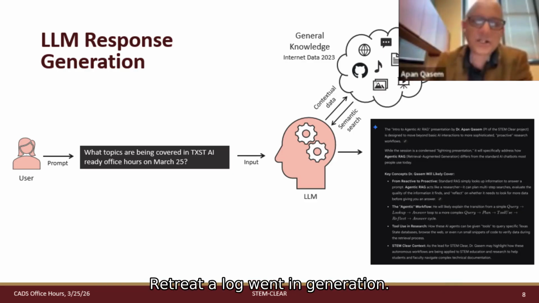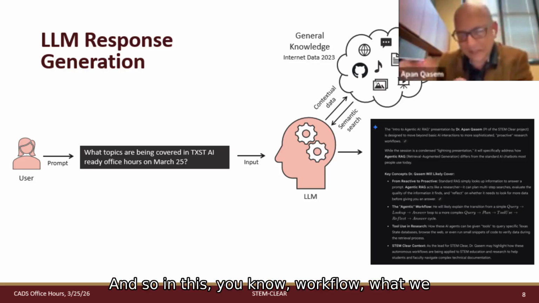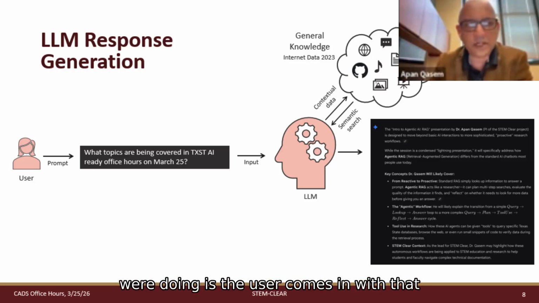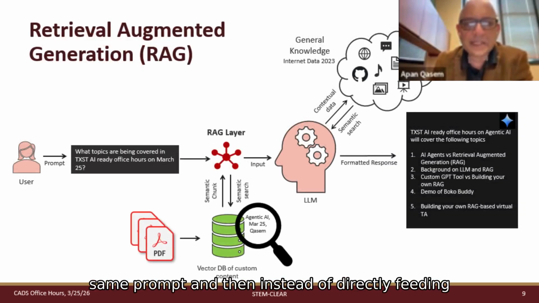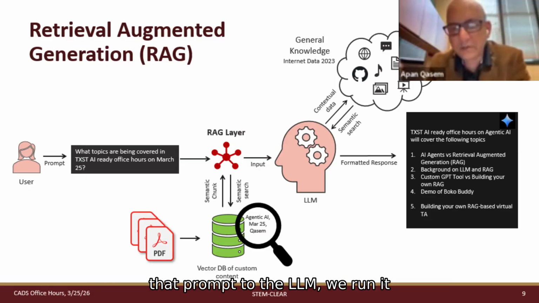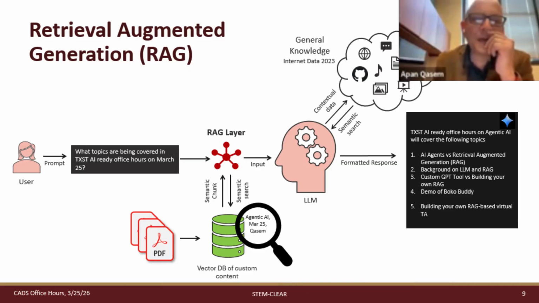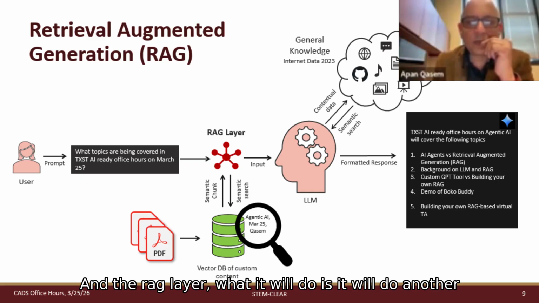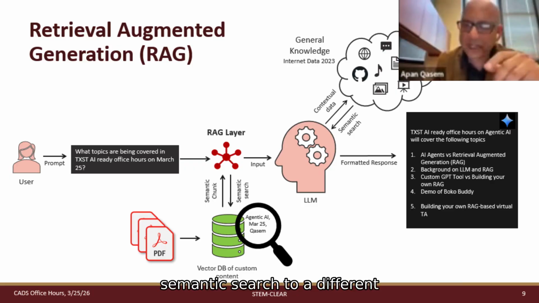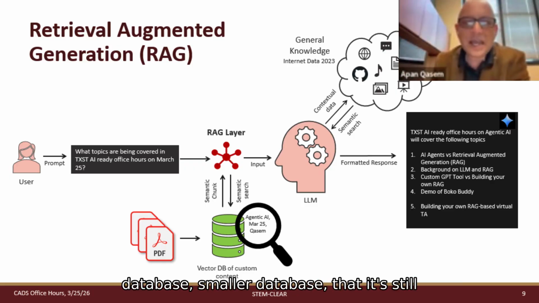Retrieval augmented generation. And so in this workflow, the user comes in with that same prompt. And then instead of directly feeding that prompt to the LLM, we run it through what we call a RAG layer. The RAG layer will do another semantic search to a different, smaller database.